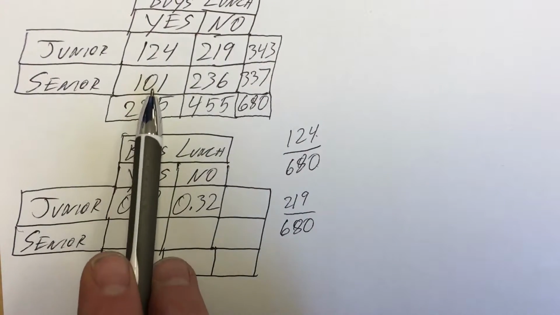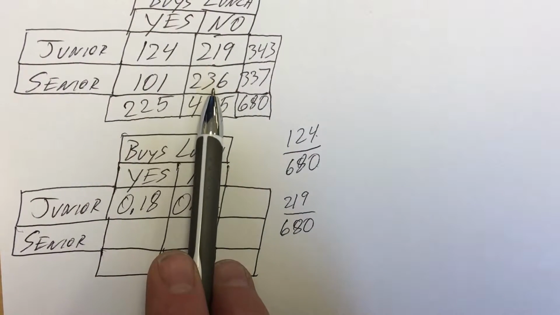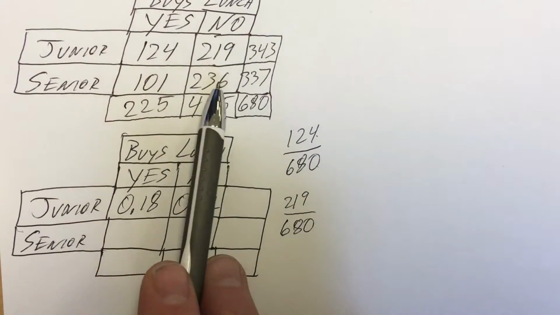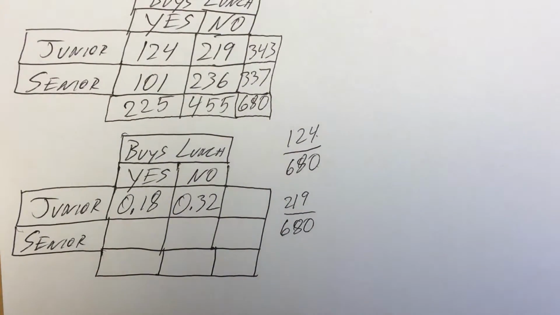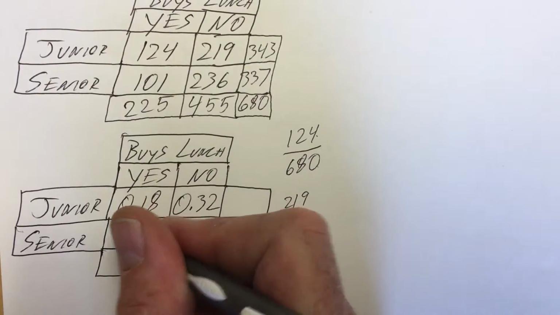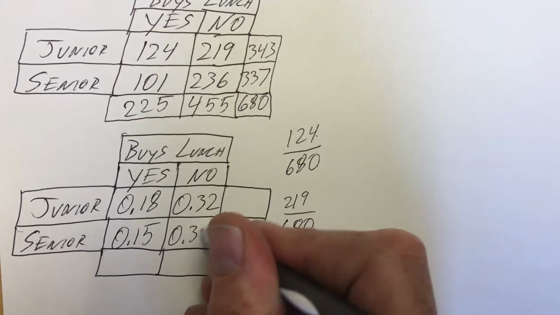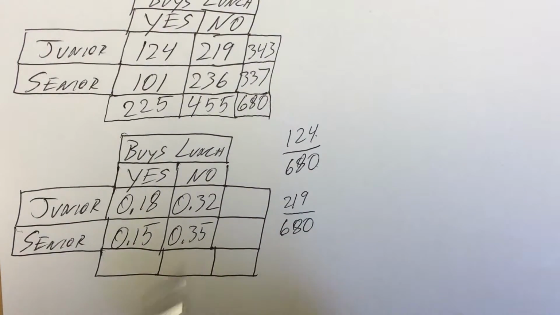Continuing on, 101 seniors and 236 seniors that said yes and no. If we divide each of these by 680, the decimals or percents for seniors would be 0.15 for yes, seniors buying lunch at school, and 0.35 for no, seniors not buying lunch at school.